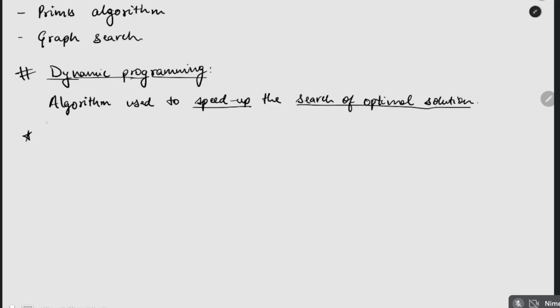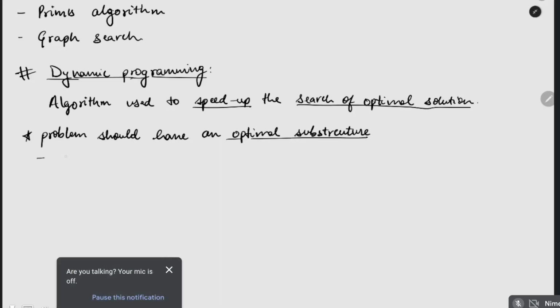The problem that we are trying to solve should have an optimal substructure, right? So what does this term mean, optimal substructure?